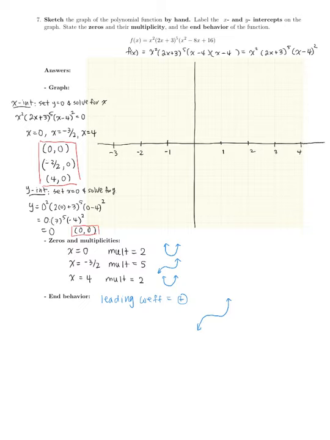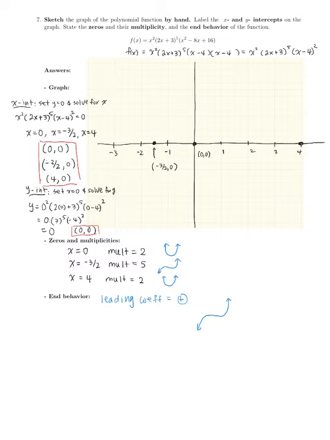Okay. So now let me just jot down all the x-intercepts. So the x-intercepts are 0, 0, which is also the y-intercept. And then negative 3 over 2, so that's negative 1.5. So this point is negative 3 over 2 comma 0.